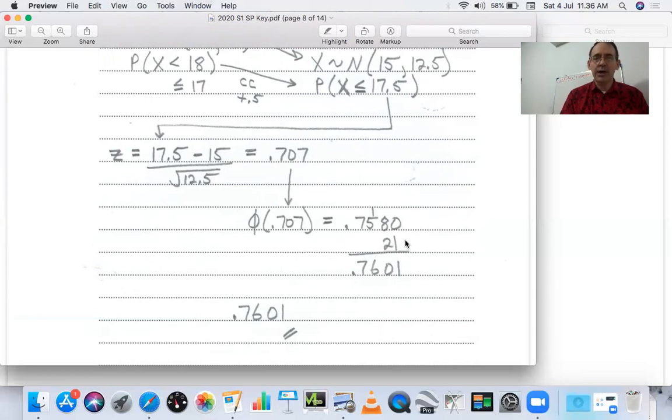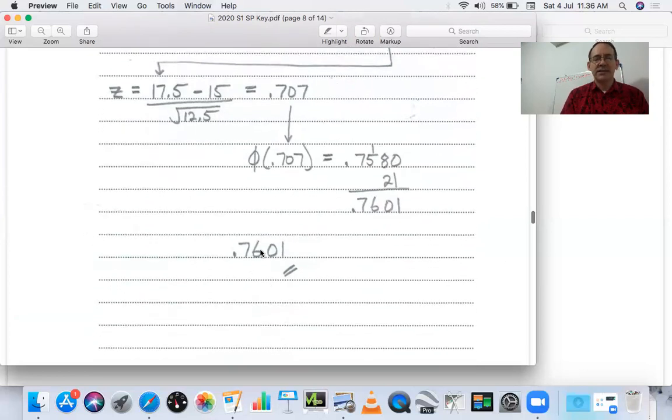You're adding 21 to the end, and that gives you 0.7601. So you can put 0.7601 as your answer. And because this is exact, with these kind of things, I would put all 4 numbers. I wouldn't do 3 significant figures, because this is exact values. It's not a rounded value.